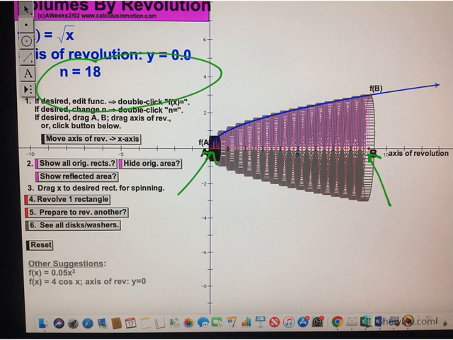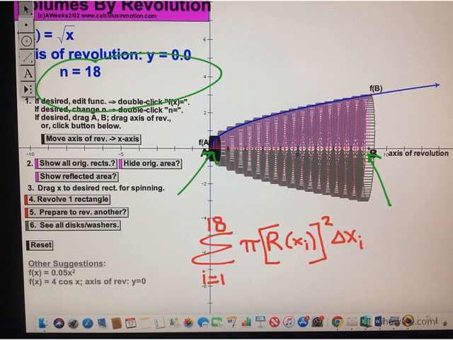And on each subinterval, you can do the same thing that we've done before, construct a right circular cylinder, and then find the volume of each circular cylinder and add them together. And of course, that gives us a Riemann sum.